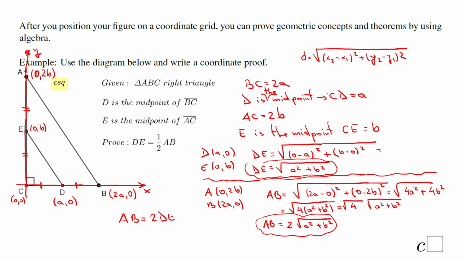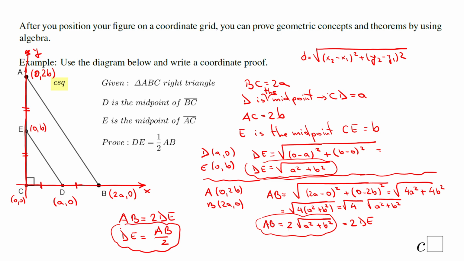Why? Because we have 2 times square root of A squared plus B squared, 2 times DE. Okay, so obviously DE, if we divide by 2, is going to be half of AB, or 1/2 times AB. Either way is good.